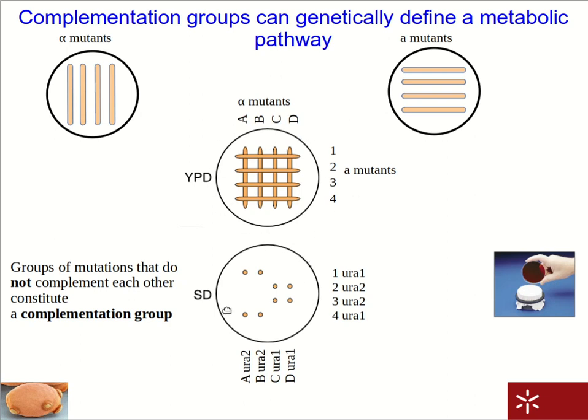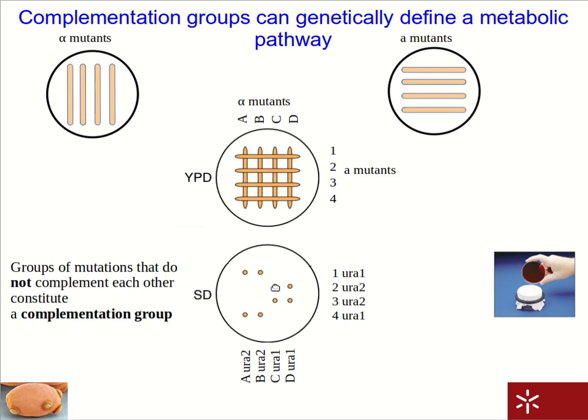Then we use another piece of cloth to transfer this cross pattern of cells onto a selective plate, and we can observe in this case that some combinations of cells grow. In each cross there is a certain combination, and these haploid cells will fuse and form diploid cells.